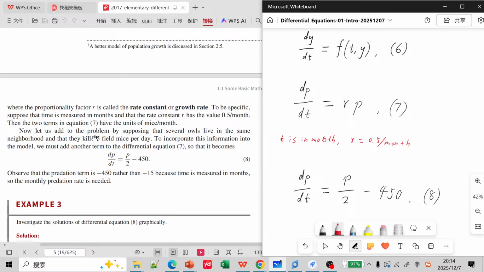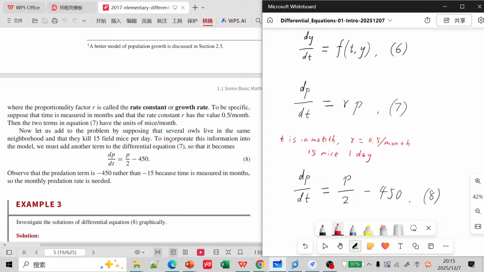Now let us add to the problem by supposing that several owls live in the neighborhood and they kill 15 field mice per day. So they kill 15 mice per day. And we want to align the units. Namely, we want to use the unit of month, not day.